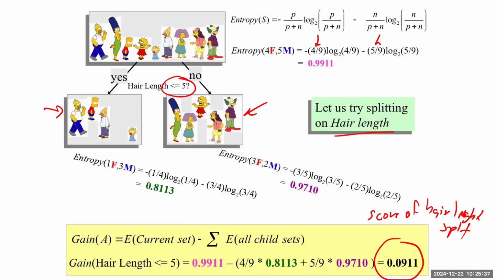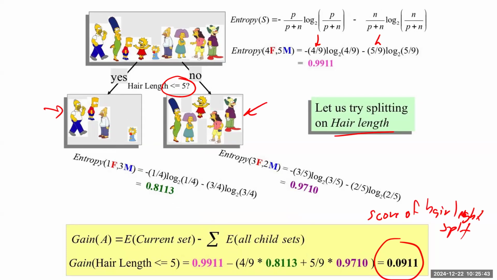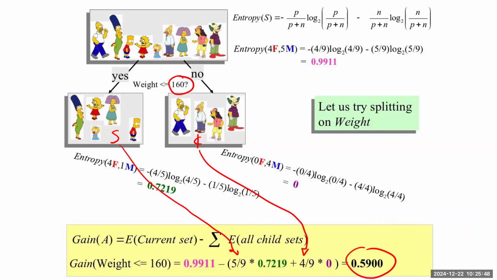The hair length or the weight? The weight, right? Because for the hair length, you only have 0.09, but for the weight, you have 0.59. So you have a better split. So you will pick this one over the hair length.